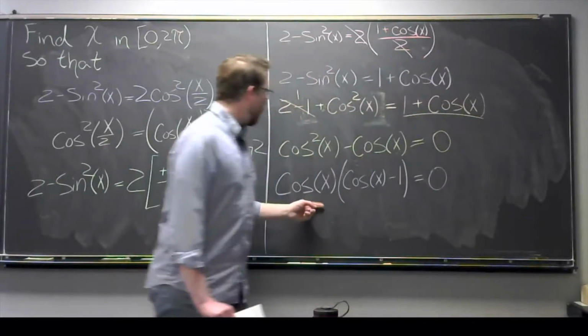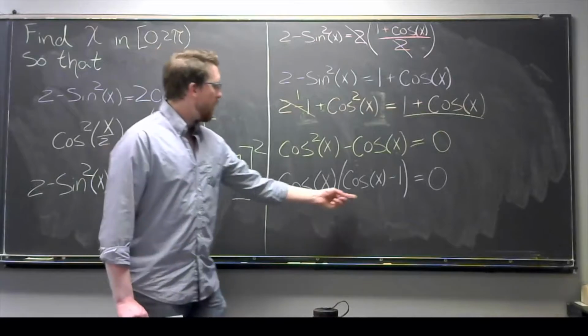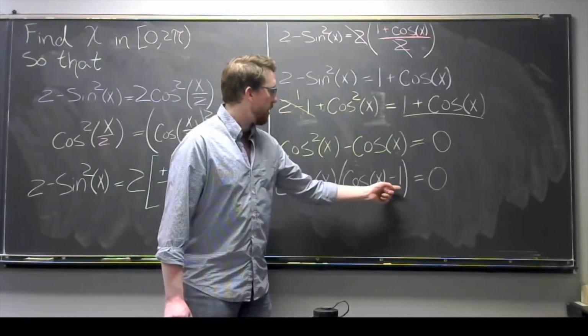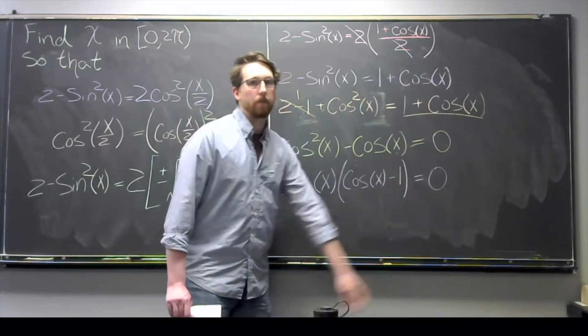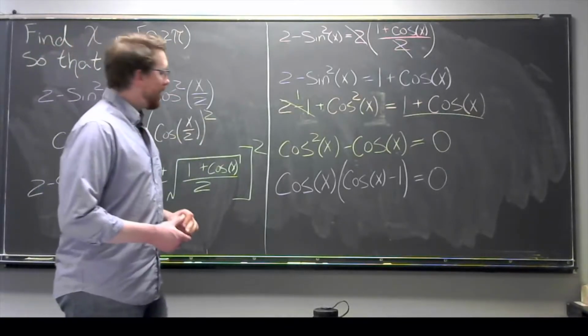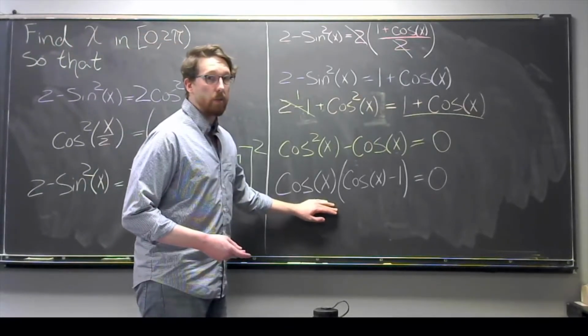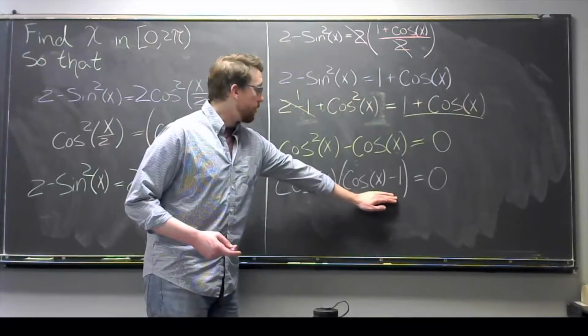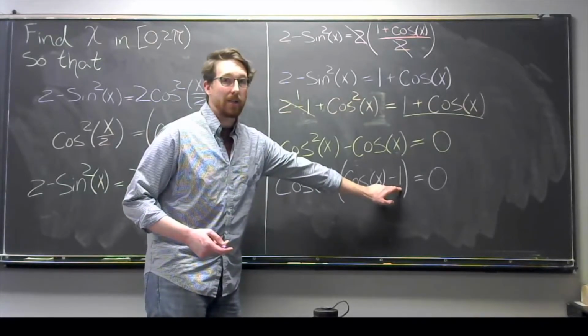And we get that cosine x times the quantity cosine x minus 1 is equal to 0. So what this tells us is that either cosine of x is equal to 0 or cosine of x minus 1 is equal to 0.